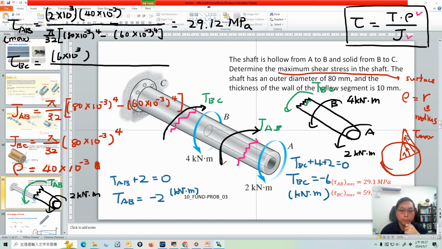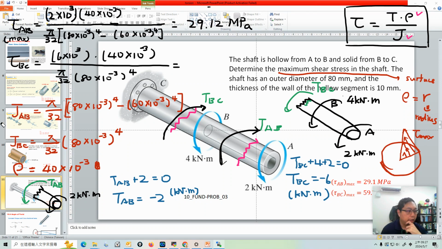And we are saying the maximum shear stress is at the surface, so we put the radius in there. And then finally, we put the polar moment of inertia of the BC section into the formula, here J_BC, which is pi over 32 times 80 to the power 4.